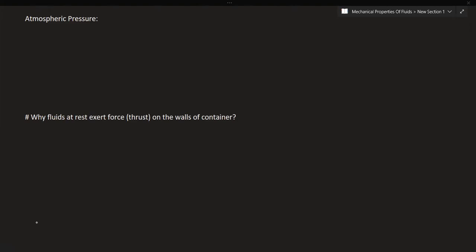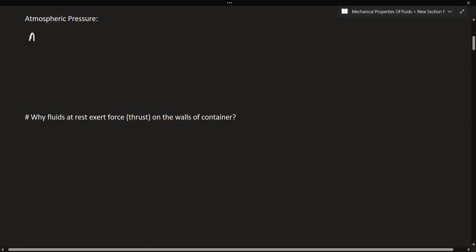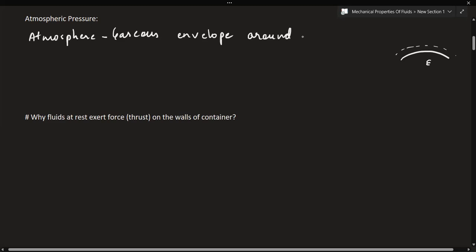Now comes a quantity, atmospheric pressure. So for understanding atmospheric pressure, you have to know what is atmosphere. So you must be aware of this term atmosphere. Atmosphere is basically the envelope around the Earth. This is the Earth's surface, then the gaseous envelope around the Earth.